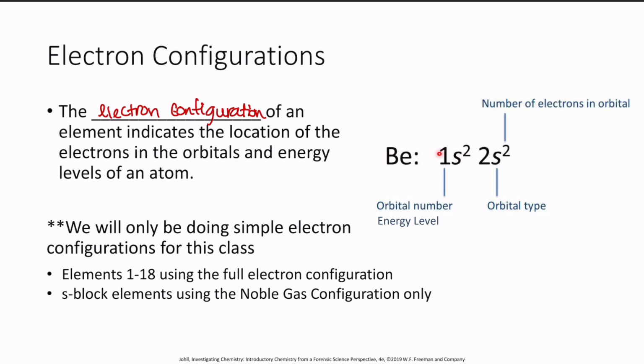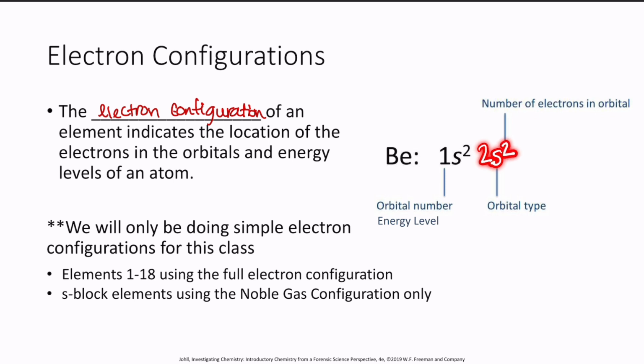So I'm going to put them in the lowest energy level first, which is 1, and then the lowest energy orbital, which is s. And remember, we can only fit 2 electrons in the s orbital. Now I can go to the next energy level. In the first energy level, we only have room for 1 s orbital. In the second energy level, we have more orbitals available.